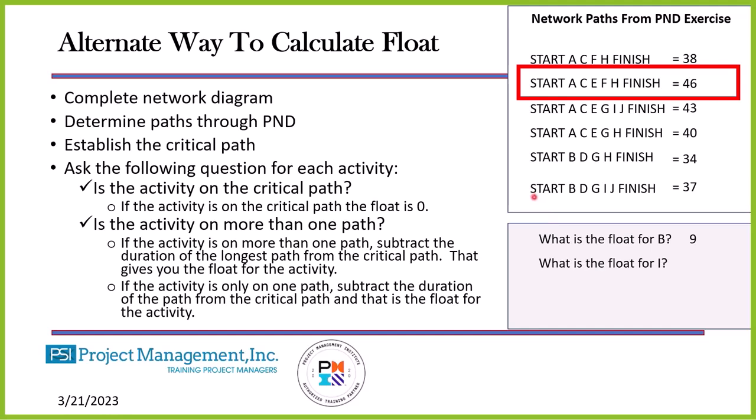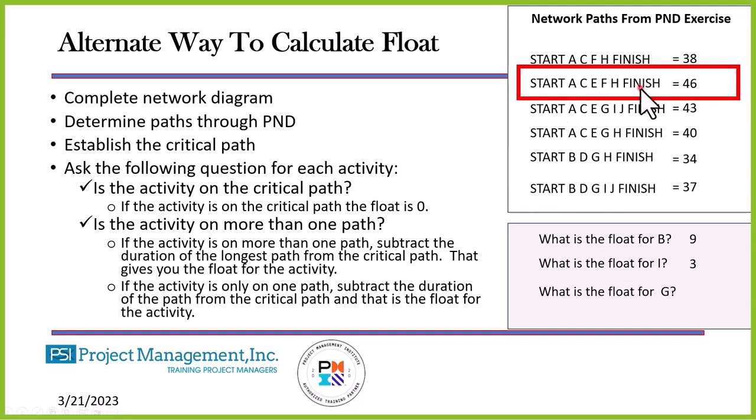What is the float for I? Is I on the critical path? No. Is I on more than one path? Yes, it is. What's the longest path? Right here. Subtract that from 46, that gives me 3. The float of I is 3. What is the float for G? Is G on the critical path?